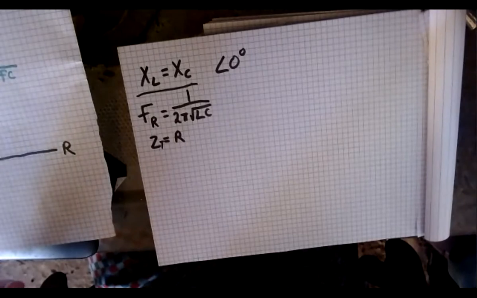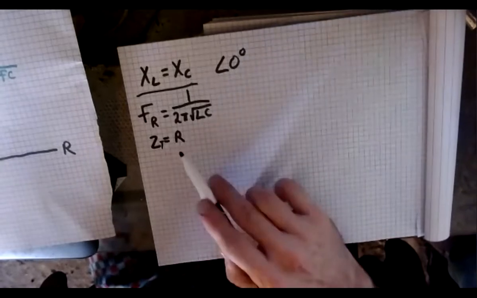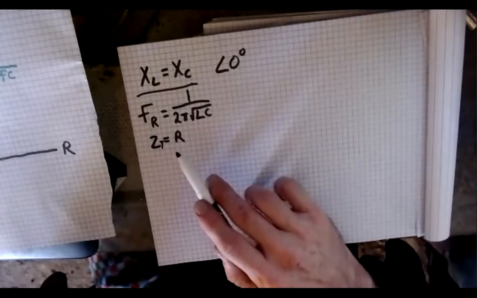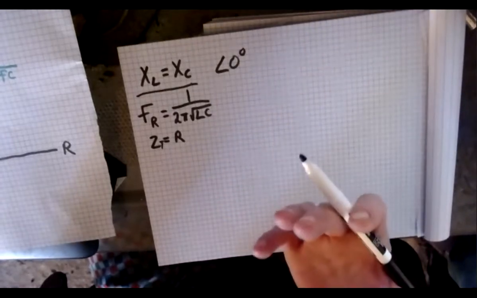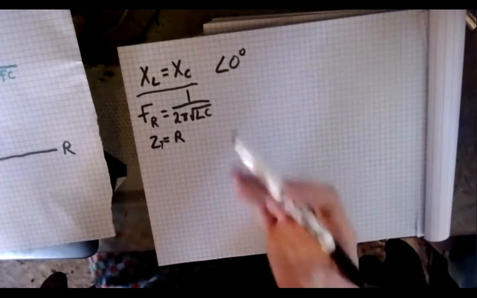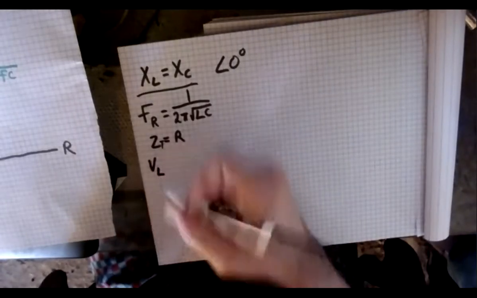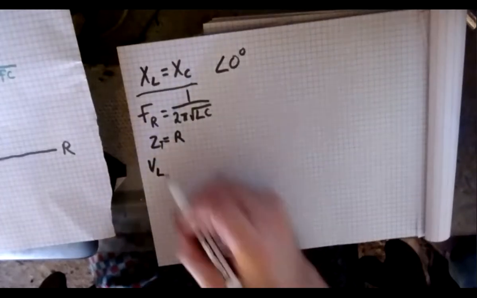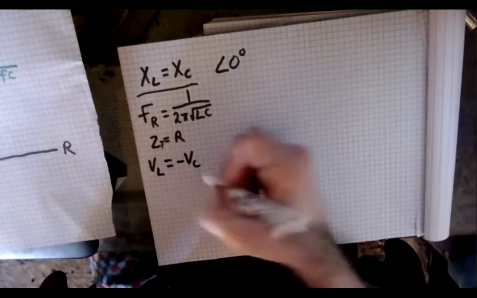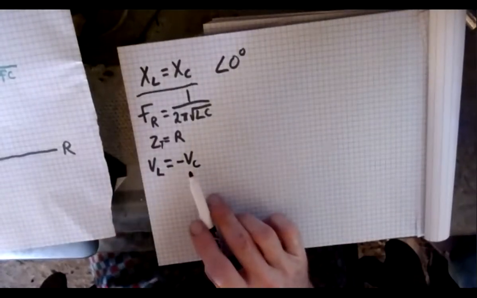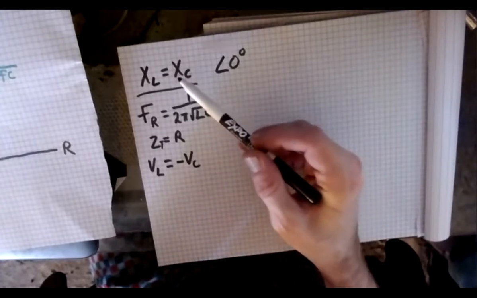And then we look at an interesting thing with this here. Based on this statement, we look at our voltage. Another statement that we can make is that the voltage across the inductor is equal to the voltage across the capacitor, right? And now remember, they're canceling each other out.